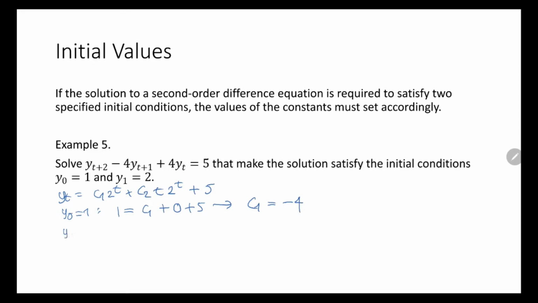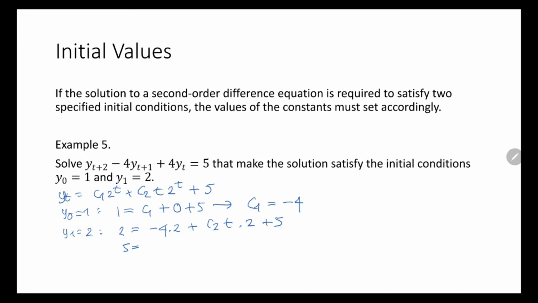And then when y1 is equal to 2, what do we have? 2 equals c1, which is -4, times 2 to the power of 1, which is 2, plus c2 times t times 2 to the power of 1 again, plus 5. So we have 10 minus 5, which is 5, equal to, wait, what is the t here? The t is 1.